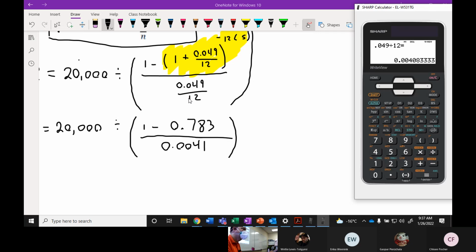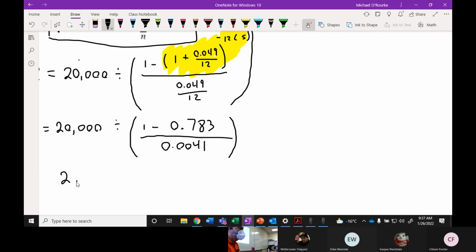I rounded. I wrote that down here just so I could save that number for later. Then I went plus 1, then to the power of negative 60, equals, there's where I get that number from. Okay?